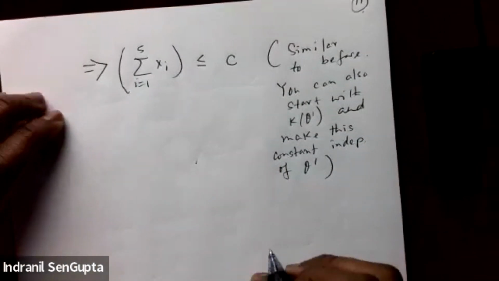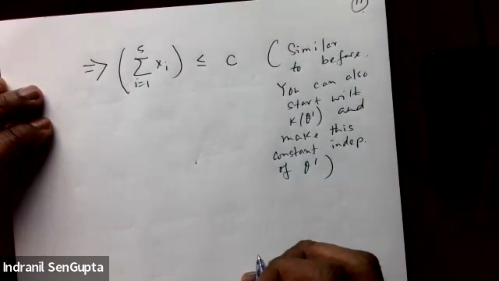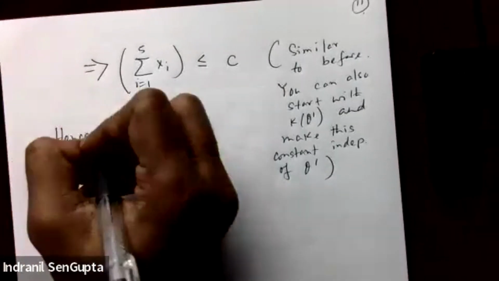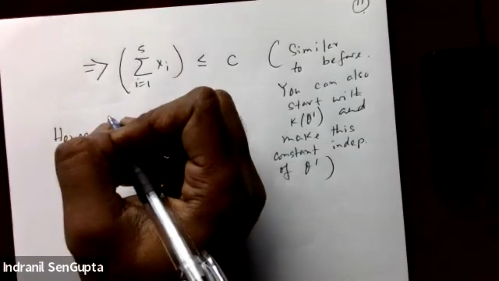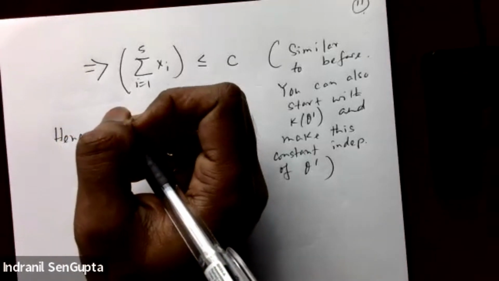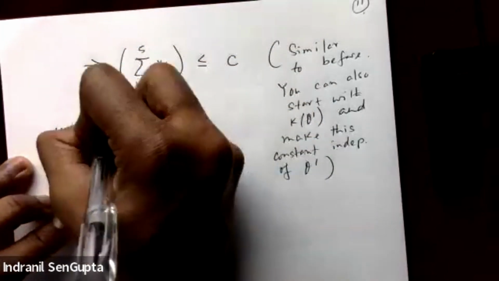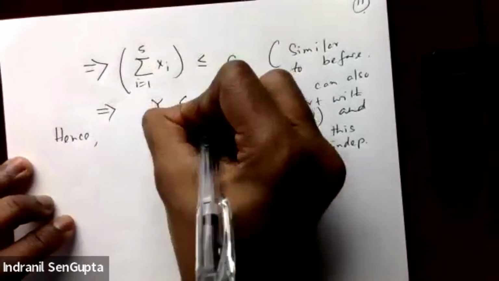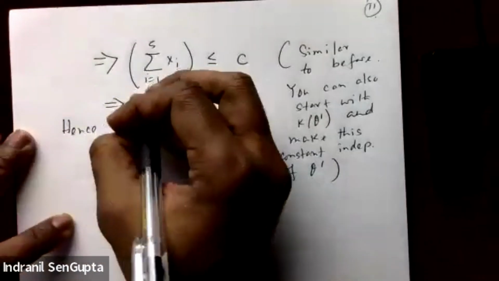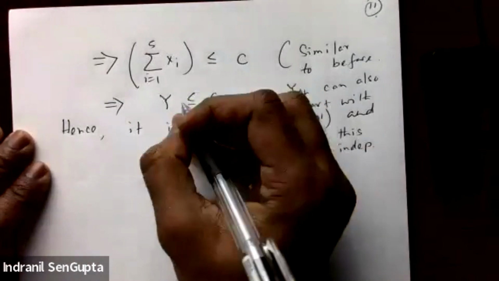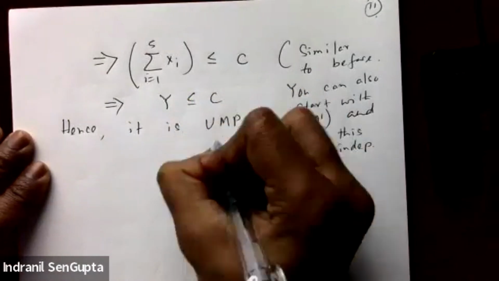Okay, that's it. So the problem was to show that it is the most powerful test, and this is really the y, so y is less than c. Hence, it is a uniformly most powerful test.